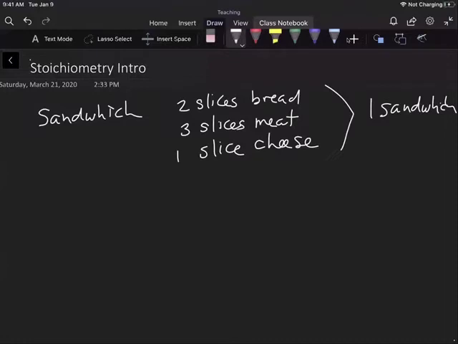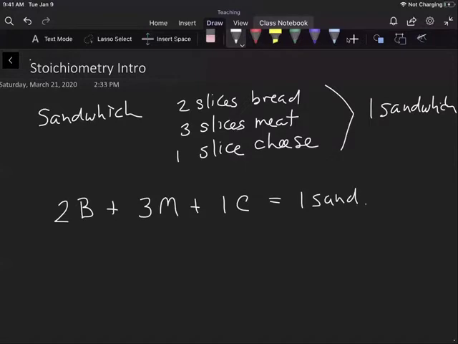So let's write this in a weird way that we don't usually write recipes. We're going to say that I have 2 bread, that's my 2 slices of bread, plus 3 slices of meat, plus 1 slice of cheese, and that equals 1 sandwich.